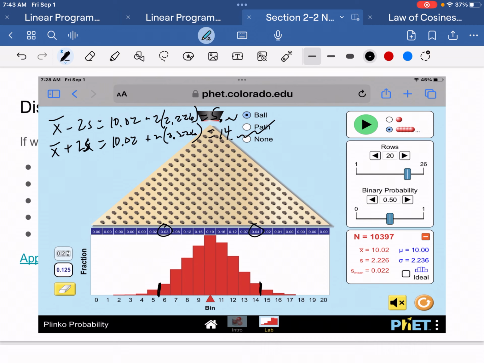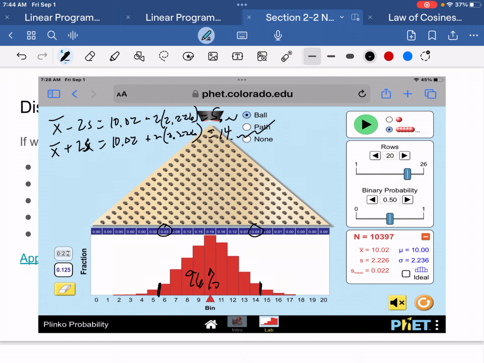So if I grab my calculator again, I have 0.03 plus 0.08 plus 0.12 plus the 0.15 plus the 0.19 plus 0.16 plus 0.12 plus 0.07 plus 0.04, I get 96% of the balls fell into those bins.